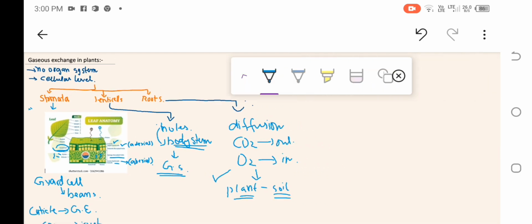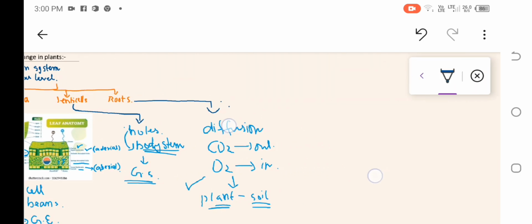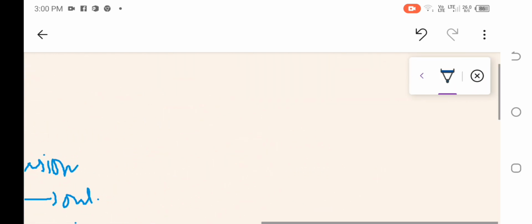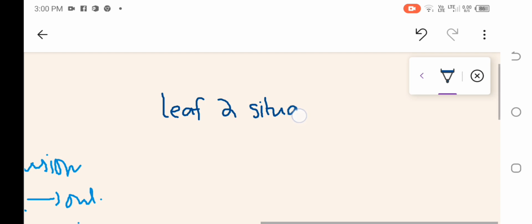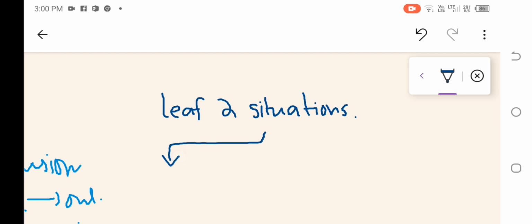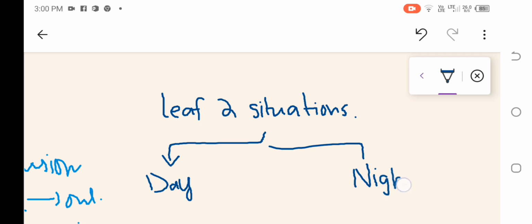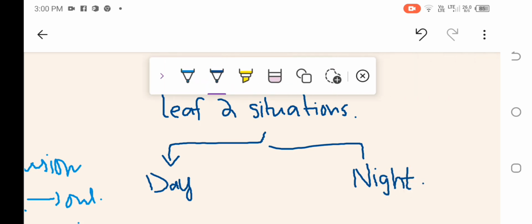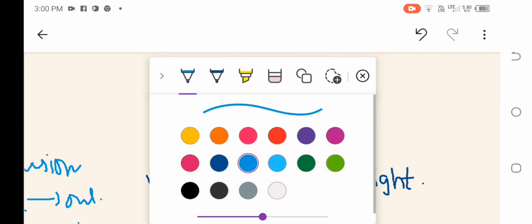After that, the leaf basically has two situations. One is the daytime and the second is the nighttime. Now remember, in the daytime what will happen?